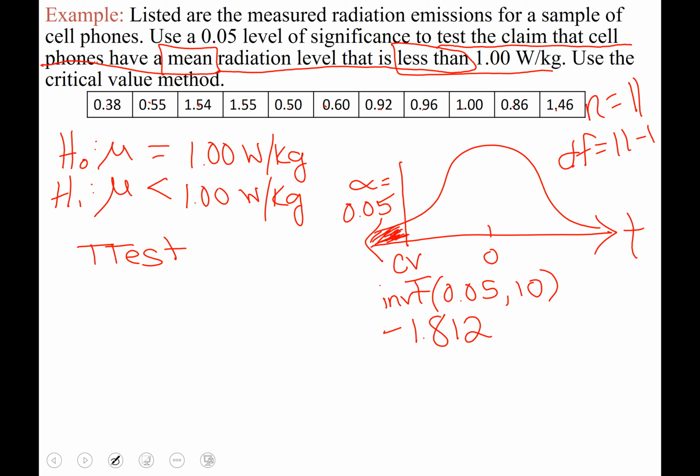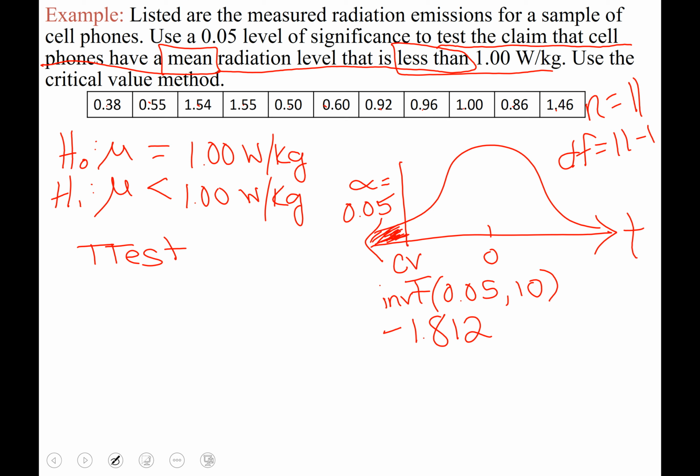If you look at our problem, we have been given the data, the 0.38, the 0.55, the 1.54. If we were given the stats on that data, we would see stuff like x bar equals, lowercase s equals. But we were given the data, so you need to make sure Data is highlighted.